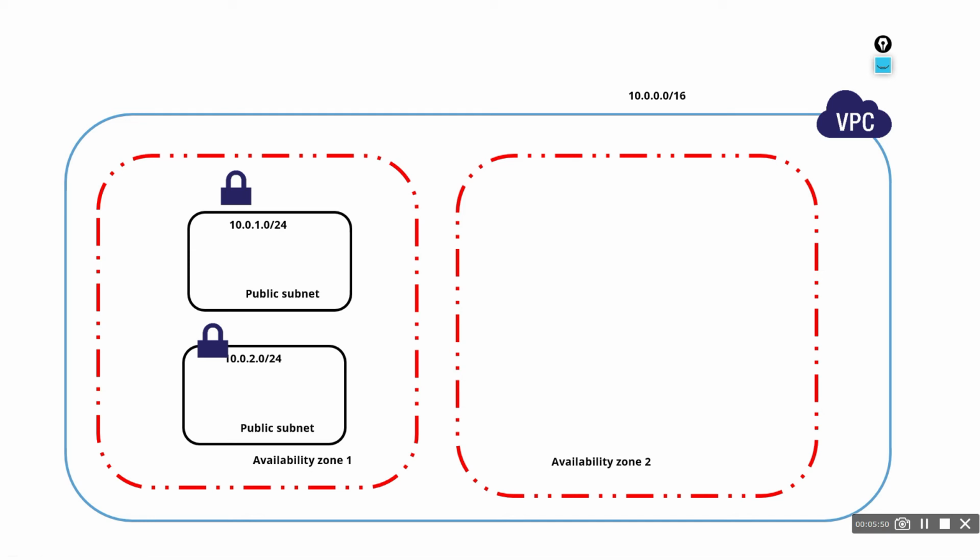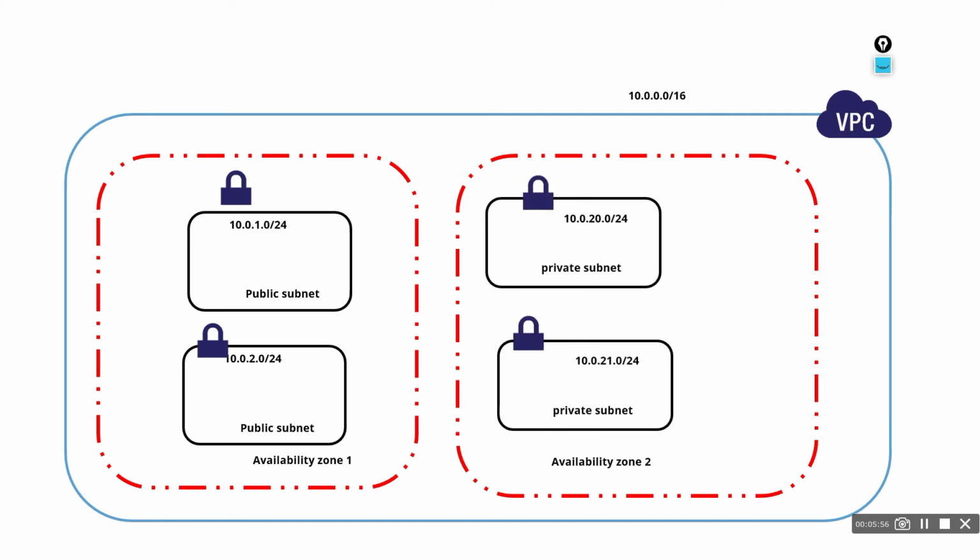Similarly, I have another availability zone, and there I would choose to host my private subnet. For the private subnet, I will give a range of IP address which is a little different. Here it will start with 10.0.20.0/24. The first three octets will be constant, and the last octet will vary, and it will be assigned to each instance which I create within the private subnet. So this is how the private and public subnet works.